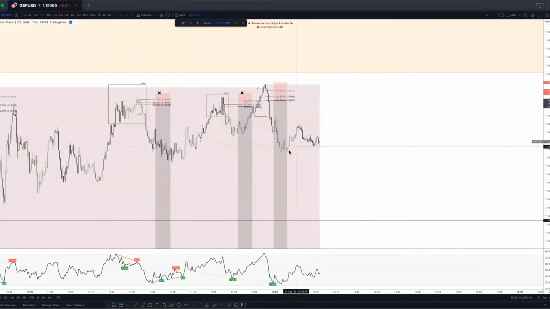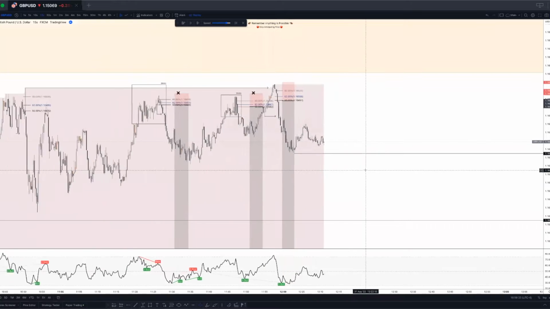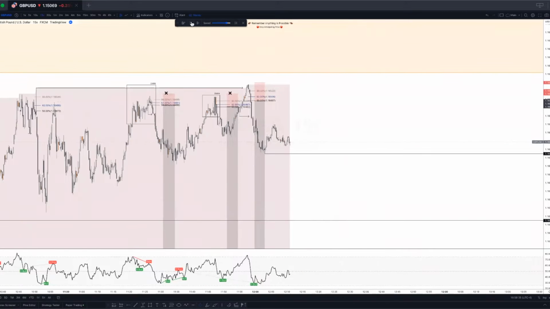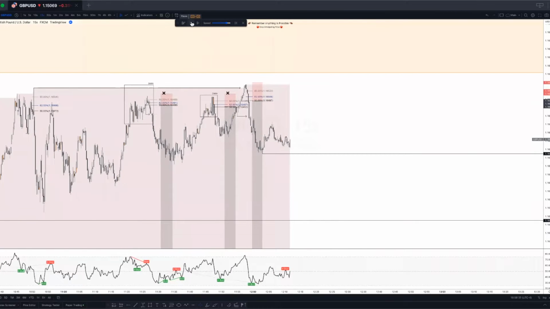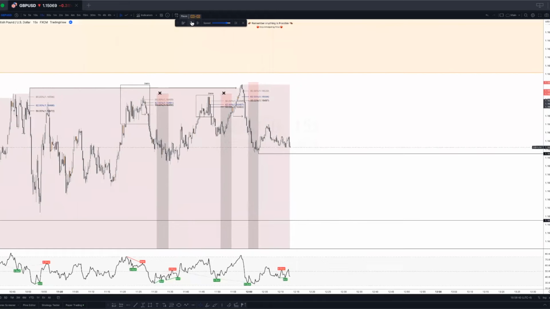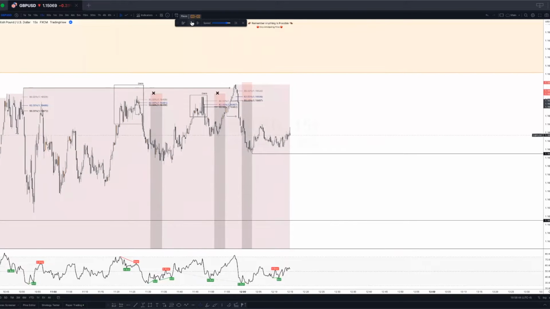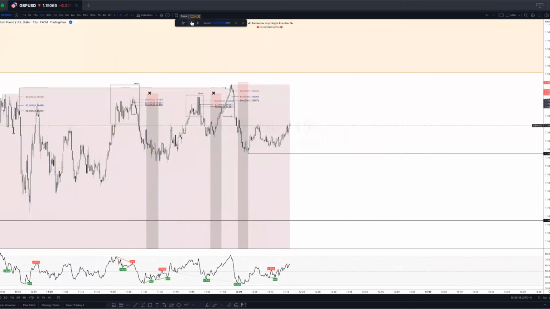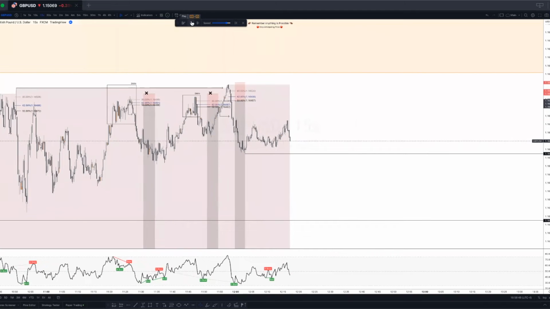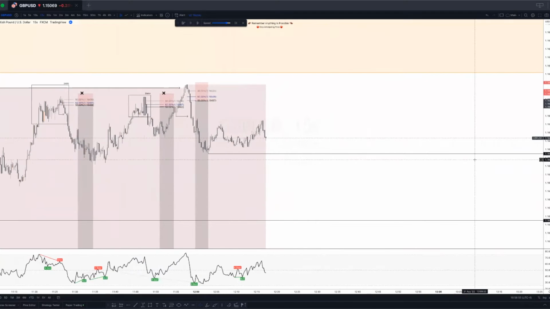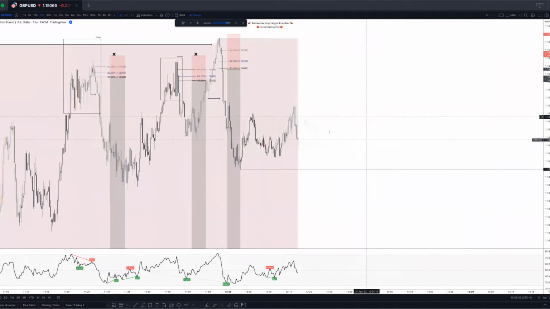This is the low. Reaccumulation. Reaccumulation just got confirmed. Accumulation, reaccumulation, you see the breaks.